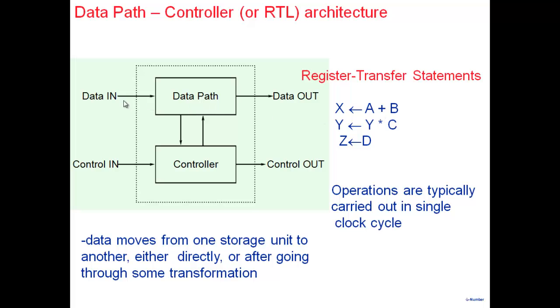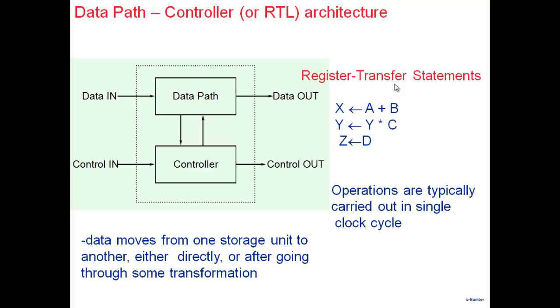First of all, all variables are stored in registers. So what happens in the data path is you add the contents of 2 registers and move it to a different register X. Or you multiply the contents of 2 registers Y and C and store it back in Y. Or you simply move the content of register D to register Z. So what is happening in the data path is a series of what we call register transfer operations.